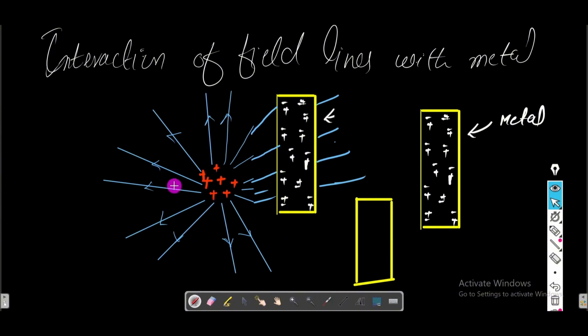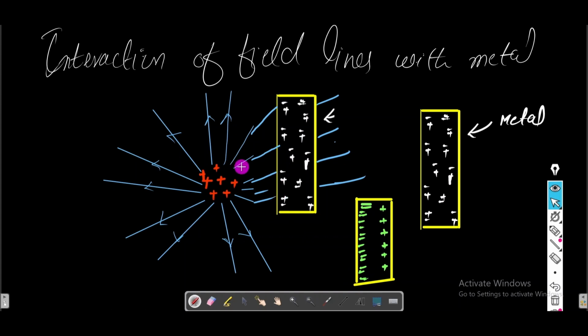When the metal comes inside the electric field lines of these positive charges, the negative charges present in the metal will be attracted toward this positive charge, due to which these negative electrons will arrange on this side of the metal. When the electrons move towards the positive charges, these positive charges will repel the positive charges present in the metal, due to which the positive charges will arrange on this side.